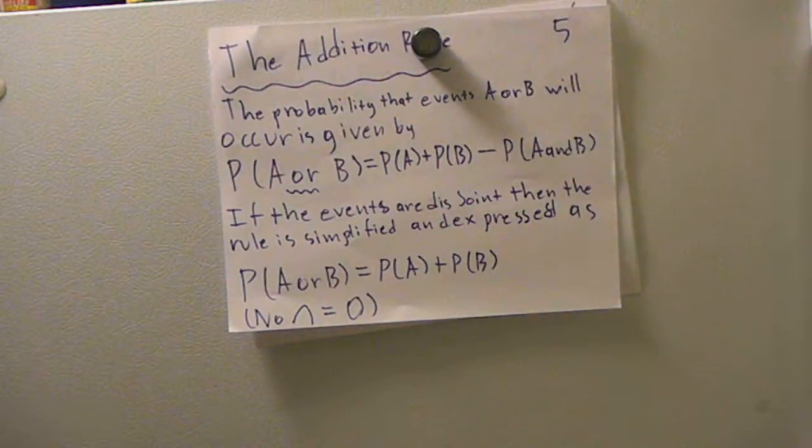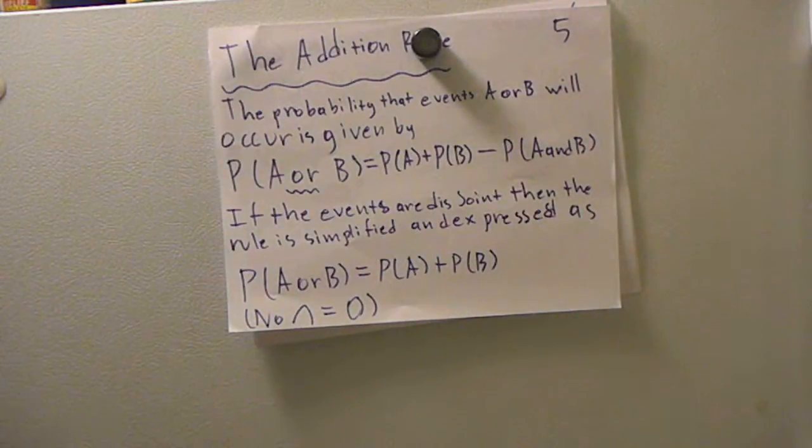The probability of A or B equals the probability of A plus the probability of B minus the probability of A and B. If the events are disjoint, then the rule is simplified and expressed as the probability of A or B equals the probability of A plus the probability of B.